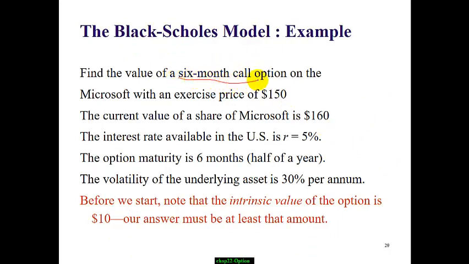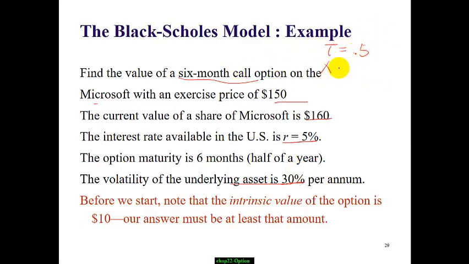A 6-month call option on Microsoft. Strike is 150, current stock price 160. Risk-free rate is 5%. The underlying asset's standard deviation, or volatility, is 30%. Let's figure out the 5 inputs. We have T: 6 months is half a year.